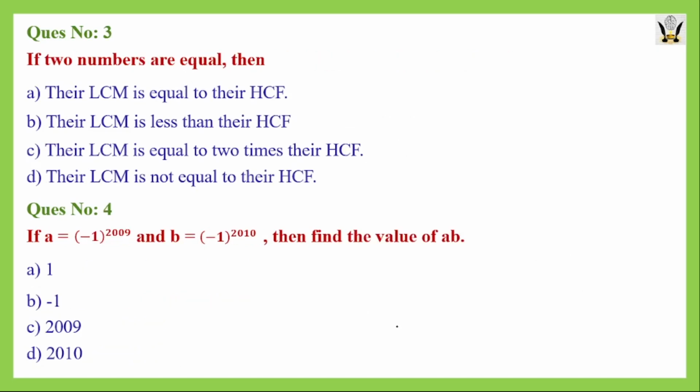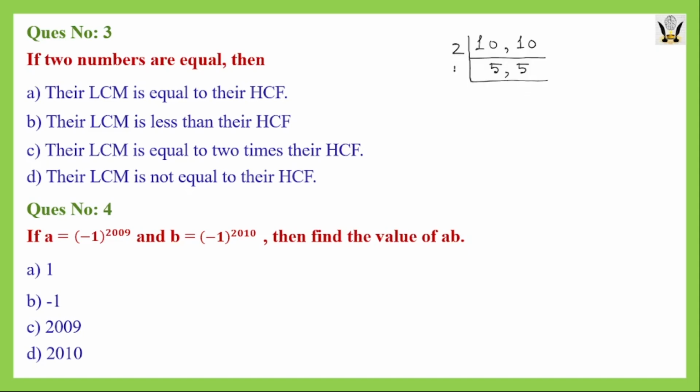Now the third problem sum says that if two numbers are equal, then which one will be the correct option for us? If we take real examples, like 10 as a number, two numbers being equal means 10 and another 10. If we perform HCF, one of the common factors is 2. So here we will have 5 and here also we will have 5.